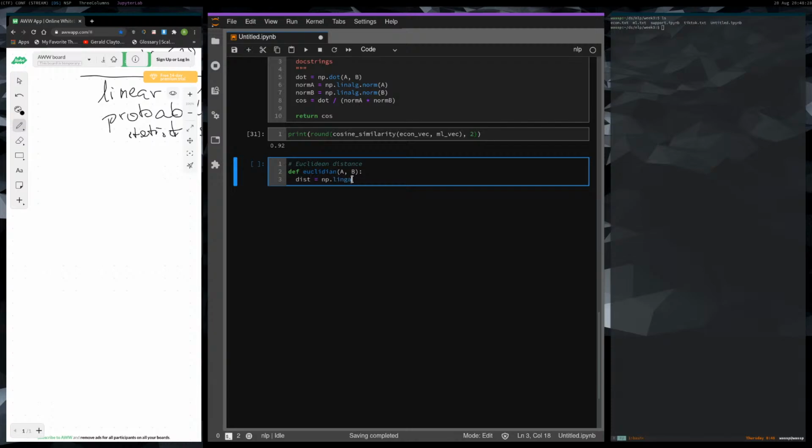And again, linear algebra, we take the norm. I haven't explained it, I'll explain it in a moment, and we take the difference. Okay, distance. So what happened here?